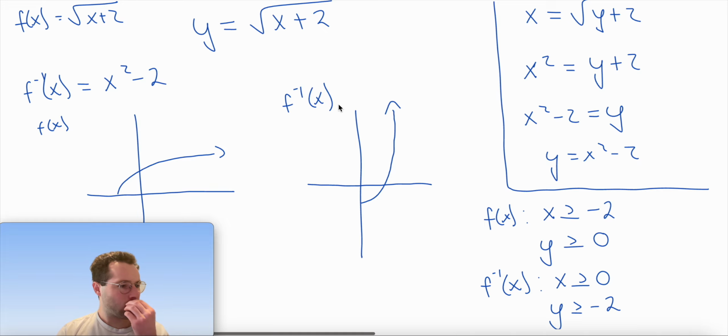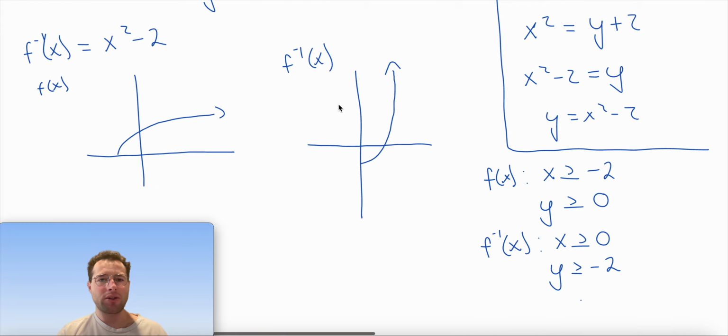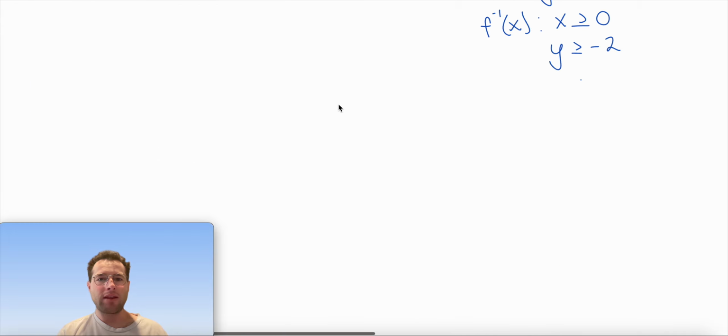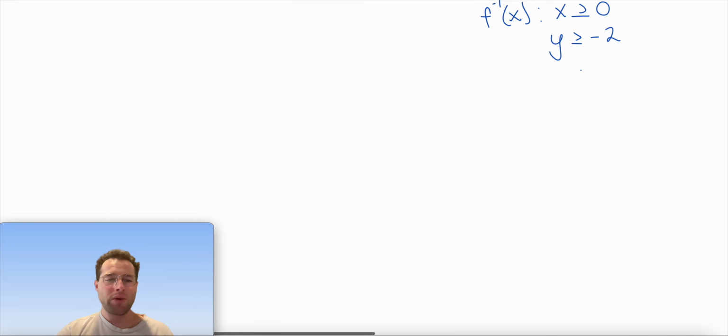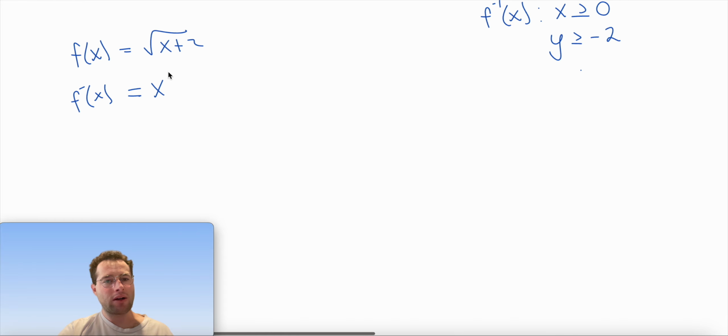And like I said, I was going to show the function composition here just to verify that these are actually inverses of each other. So our original function is f of x equals the square root of x plus 2. And the inverse function is f inverse of x equals x squared minus 2.